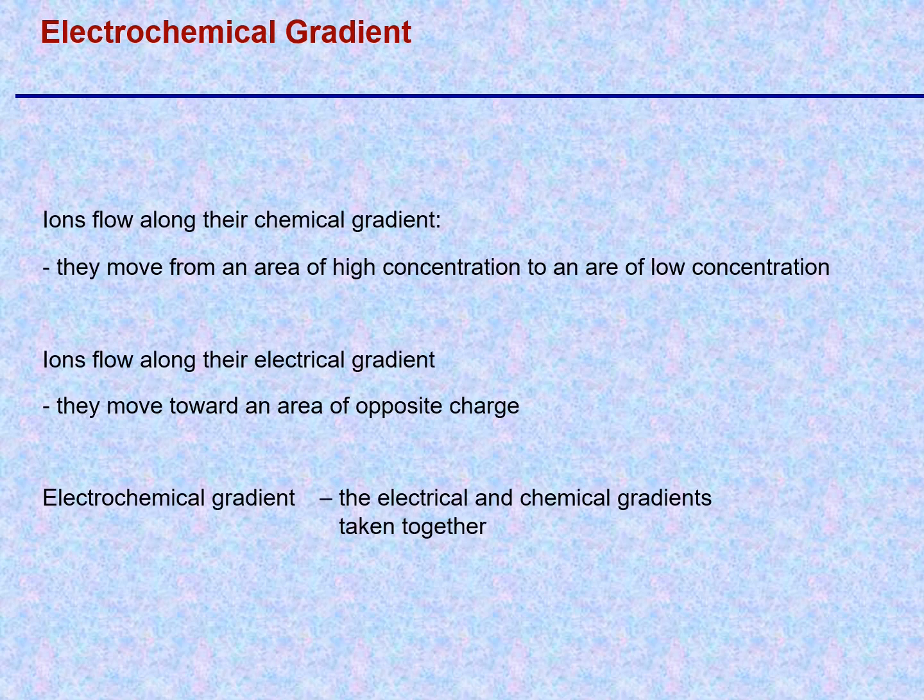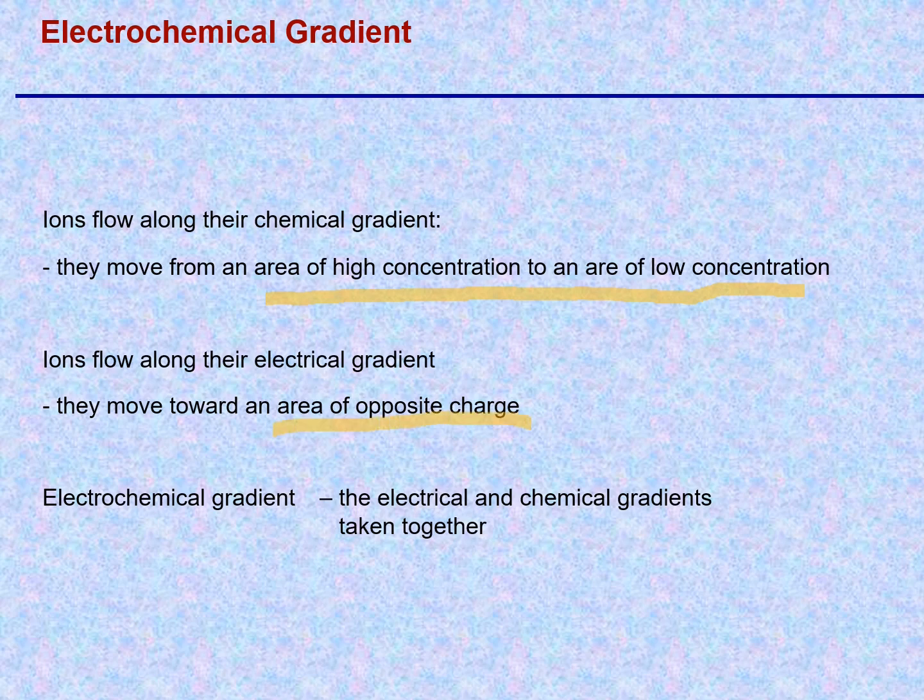And here again, this idea of the chemical gradient is a reference to the concentration gradient, that ions move from high concentration to low concentration. And the electrical gradient refers to the relative charge, and ions will move toward an area of opposite charge.